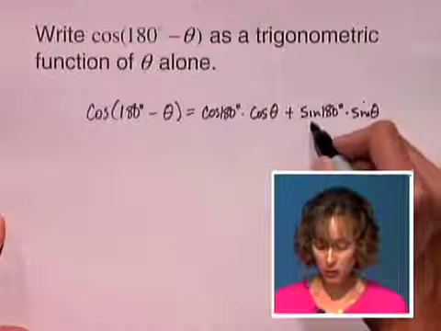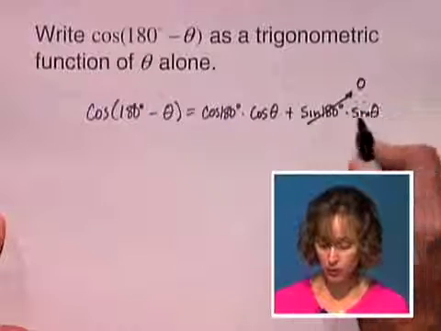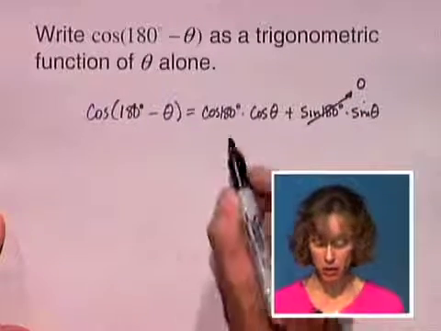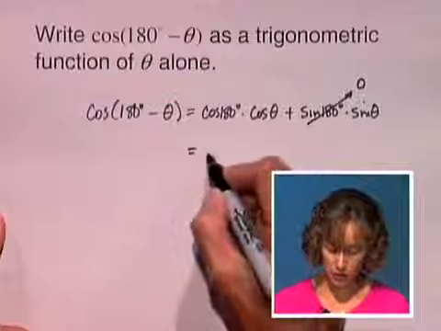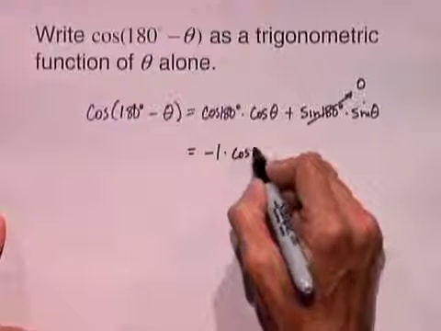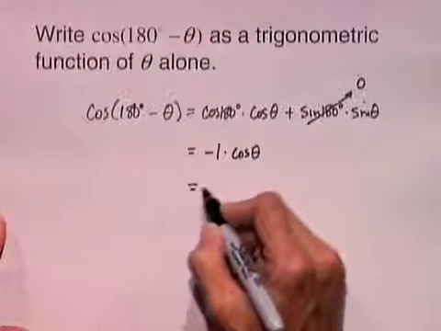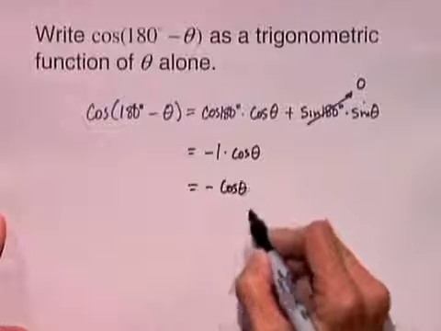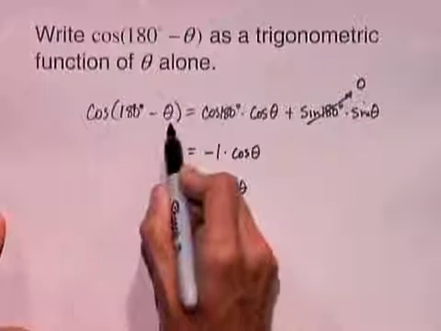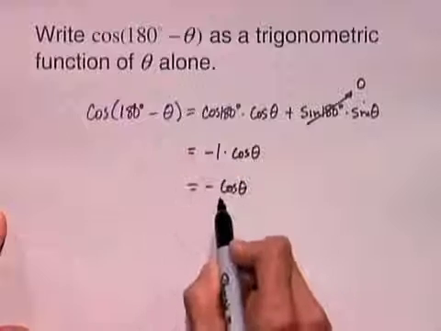Now the sine of 180 degrees is 0, and 0 times sine theta is going to be 0. The cosine of 180 degrees is -1, and -1 times cosine theta is negative cosine theta, and we've written cosine of 180 degrees minus theta in terms of theta alone.